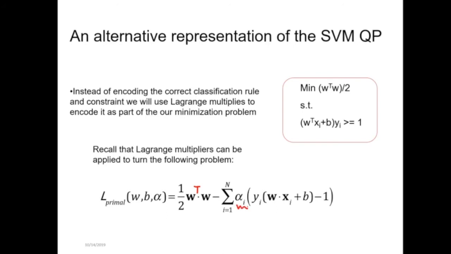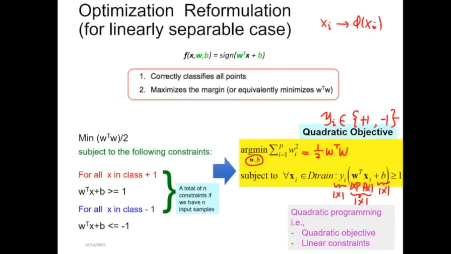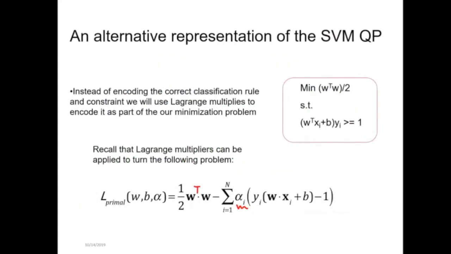Let's go back to the formulation. How many constraints do we have? We have n training data, so we have n constraints. For each constraint, I use a weight, a scalar, to weight that constraint by adding it into the objective function. So for each constraint, I create a parameter called alpha_i, and multiply y_i times the prediction function.